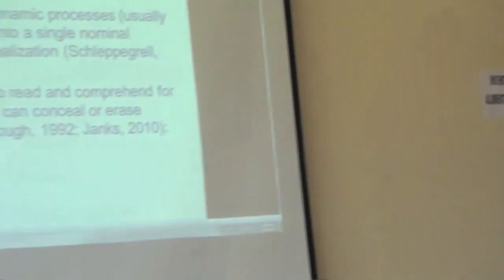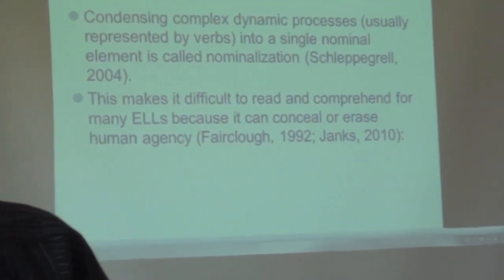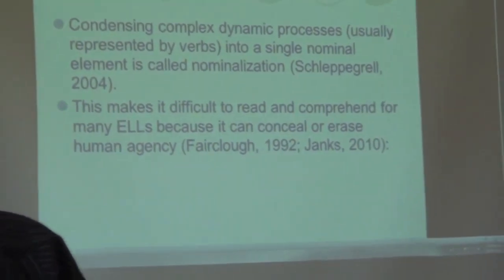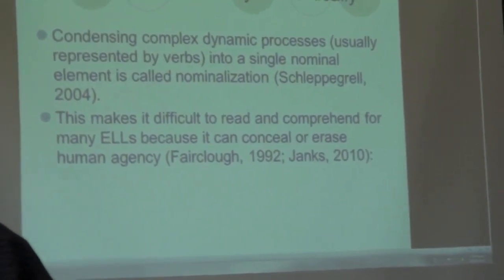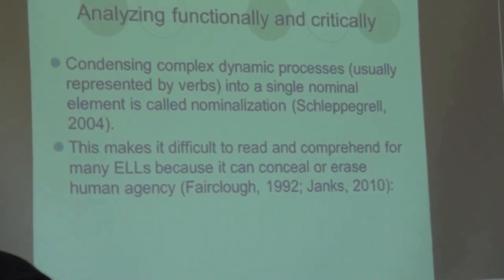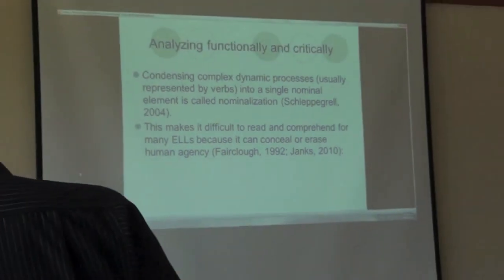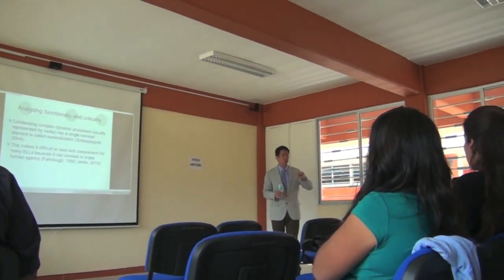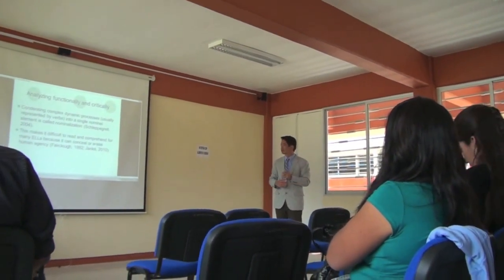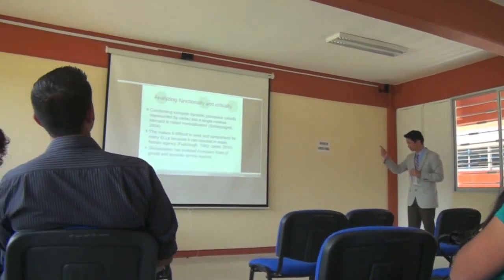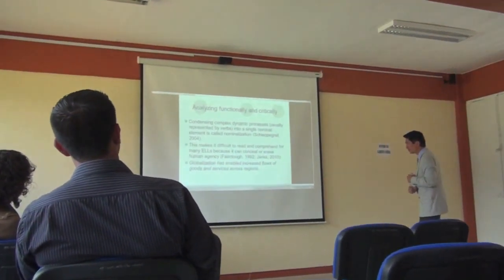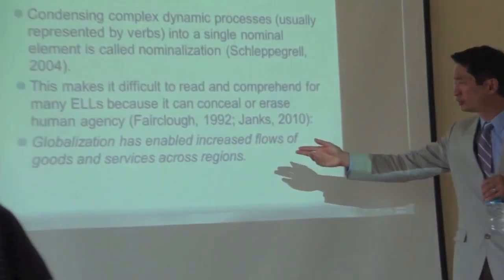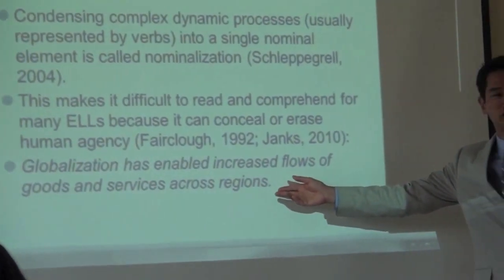So as we can see, when we have nominalizations like globalization in our textbooks, it makes it very difficult to read and process, not only for native speakers, but for many English language learners, because one of which is it conceals or gets rid of who's responsible, whose agency, as we can see in this example. Globalization has enabled increased flows of goods and services across regions.